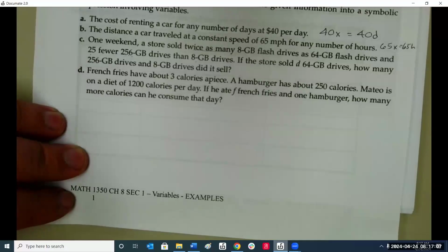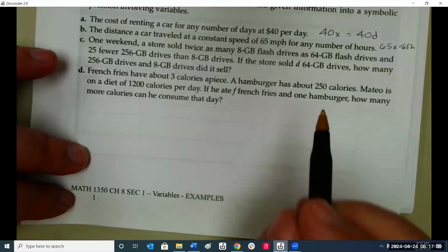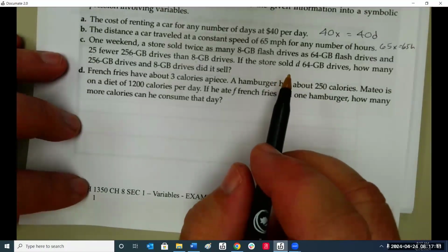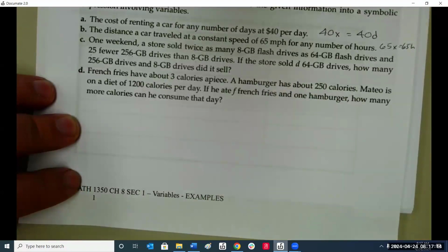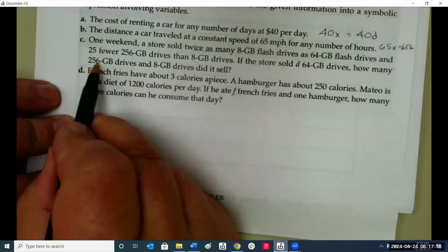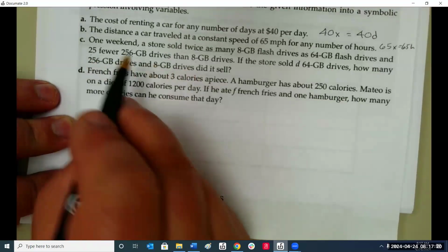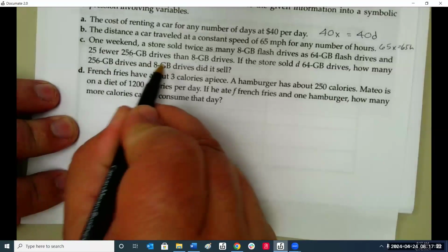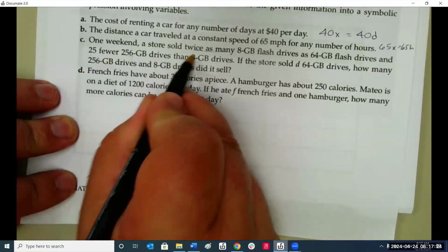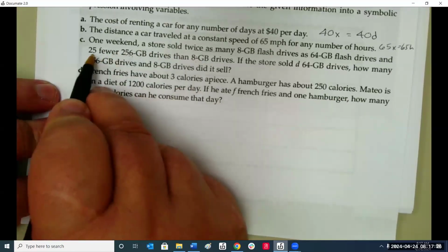But think about it. It'd be the other way, because it wouldn't be equal that way. Because then you'd say that there are more 256s than the 8s.